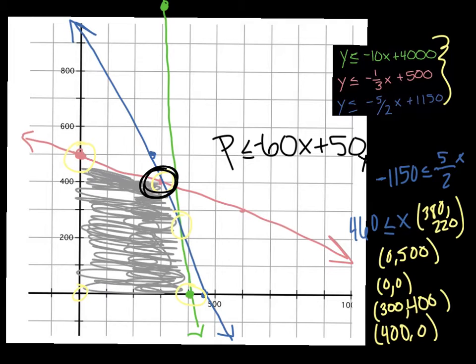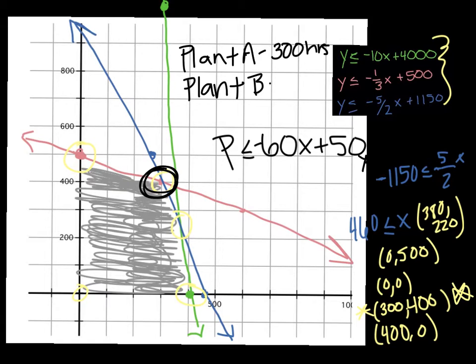So if we have 300 hours from plant A and 400 hours from plant B, that's going to give us our highest profit. So plant A is 300 hours and plant B 400 hours because plant B was y.